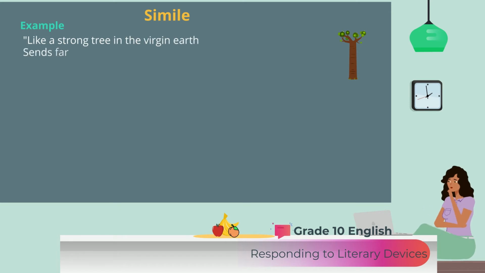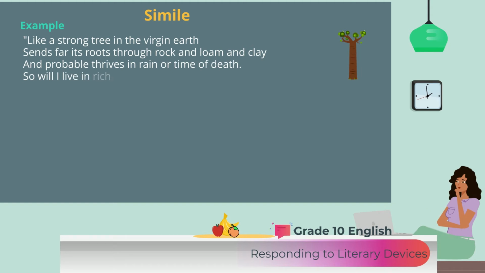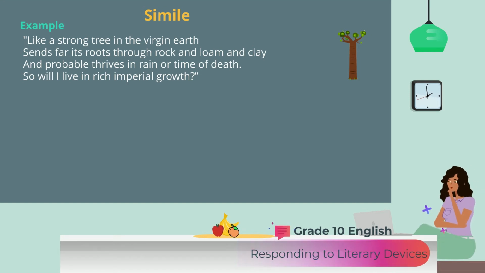Here is an example of a simile. Like a strong tree in the virgin earth sends far its roots through rocks and loam and clay, and probably thrives in rain or time of death, so will I live in rich imperial growth. In following the three-step approach for responding to this simile, firstly, we know that this is a simile.